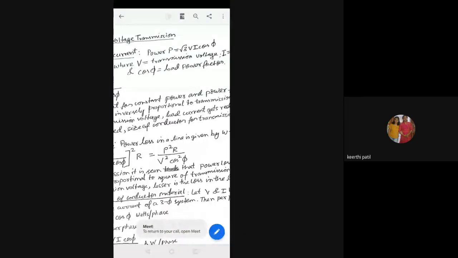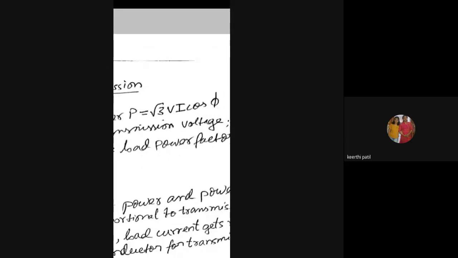Everyone, just say whether it is visible or not. Yes, ma'am. So power P equals root 3 VI cos phi. This is for three phase, obviously.